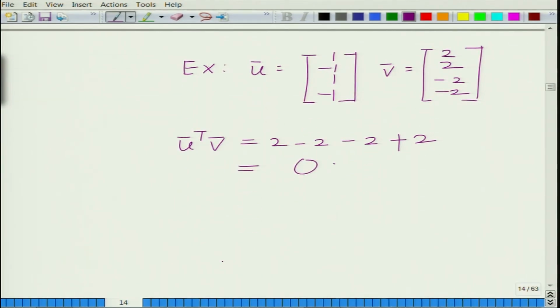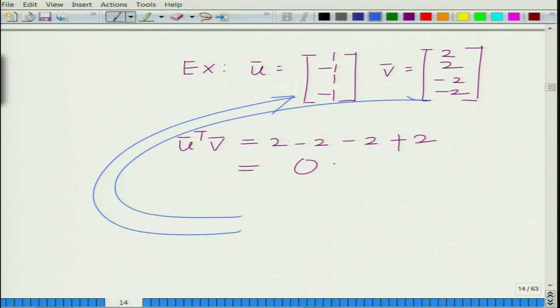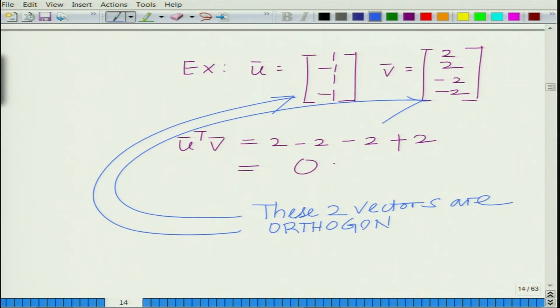So, these two vectors are orthogonal. Informally we also say these two vectors are perpendicular, which makes more sense in 3-dimensional space, where we have two vectors at right angles with respect to each other. More generally the notion is that these two vectors are orthogonal because their inner product is 0.